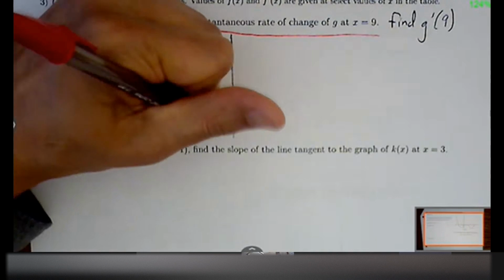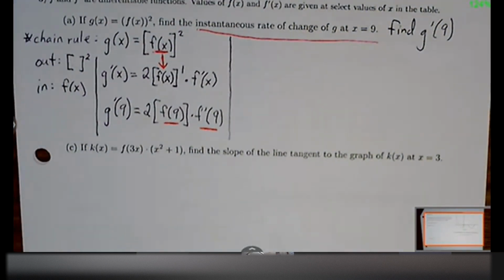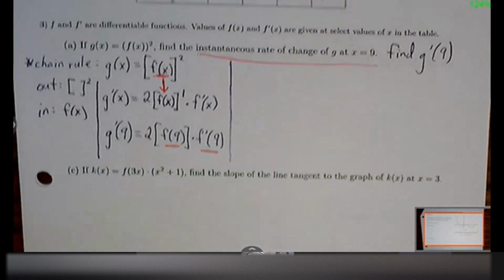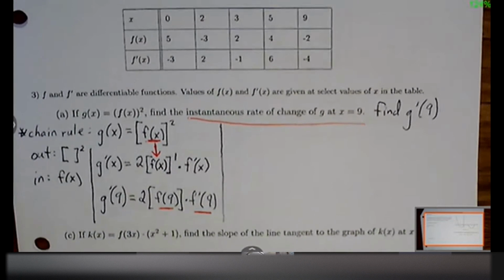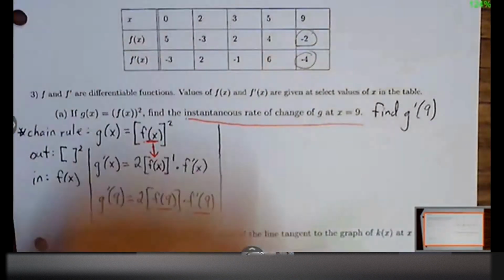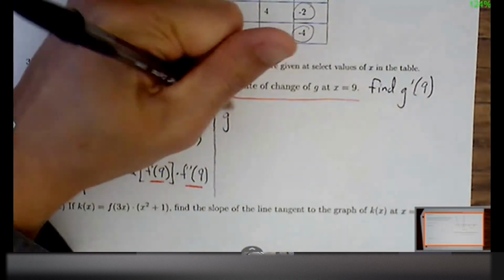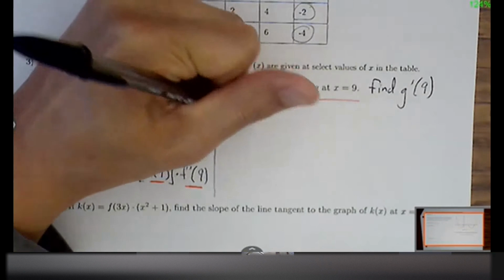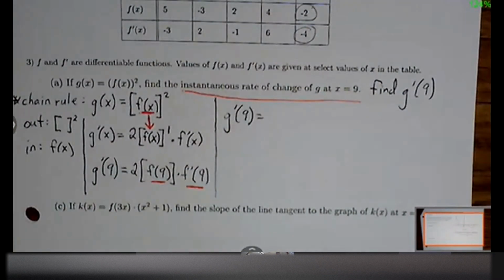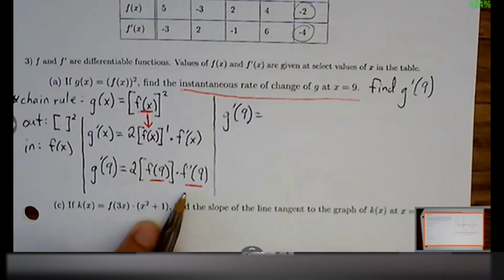Okay, we have a table of values, right? So we can find the appropriate value for f of 9, find the appropriate value for f prime of 9, and just insert them into our answer. So we have f of 9 here. We have f prime of 9 here. Okay, so 2 times -2 times -4.